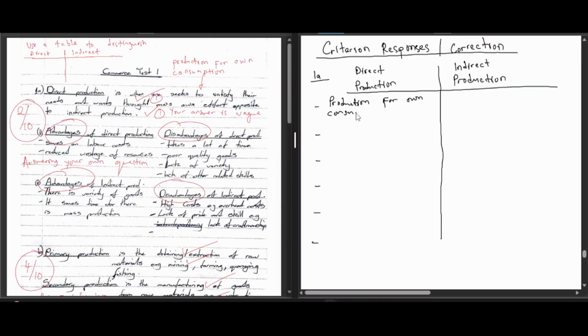Then for indirect production, production for resale, production for selling, maybe for commercial use. You don't need to write a lot. So now you can see that there is a difference between what we wrote for direct production and what we wrote for indirect production. You are comparing, you are distinguishing.